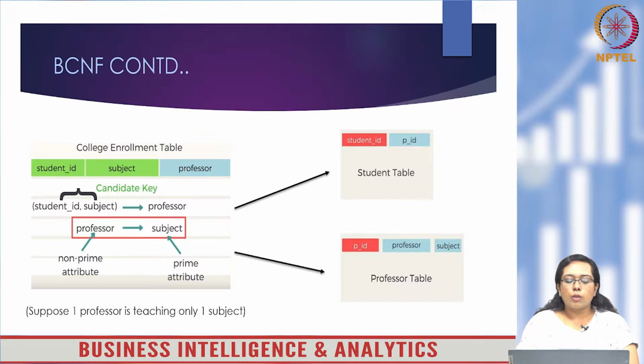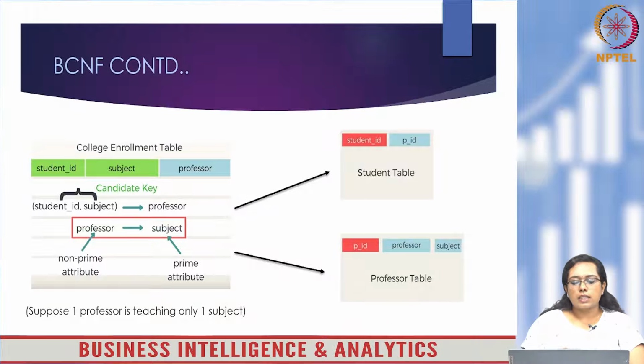Okay. So, subject is dependent on what? If I tell you, I want to know the professor who is teaching BI&A, then you would obviously answer it is Saji sir. It does not need any additional information. That means that subject can be derived from the professor name itself.